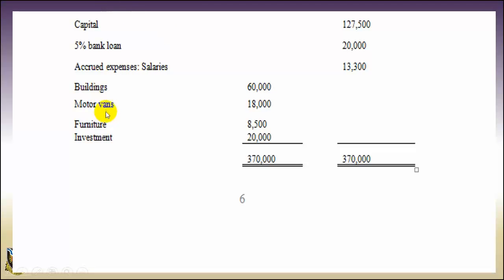Motor vans, debit 18,000. Furniture, debit 8,500. Investment, debit 20,000. Total debit 370,000 naira. Total credit 370,000 naira.